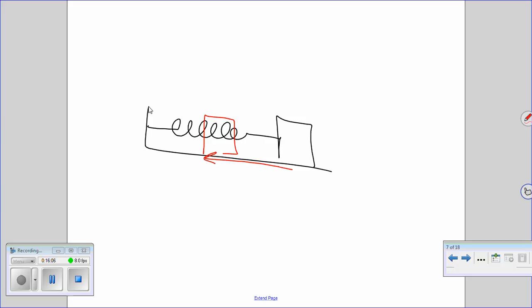I guess I should say the spring will have done some amount of work, since that's the conservative force here. So a spring will have done some amount of work as the box moves from point A to point B. If you come back the next day and do this with the box, then the spring will have done the same amount of work, because the force of a spring is a conservative force, all right?